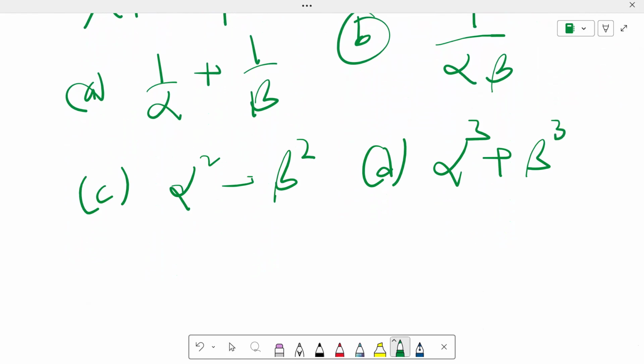All right. So we want to see how we can also find the values of this one. Okay. So try them.